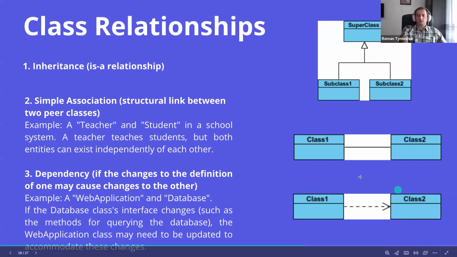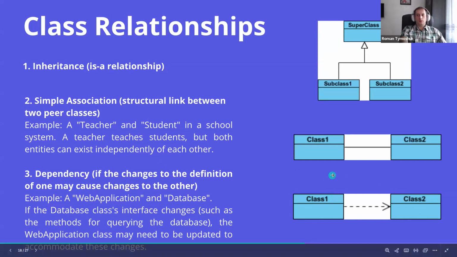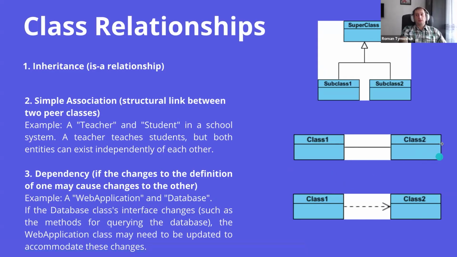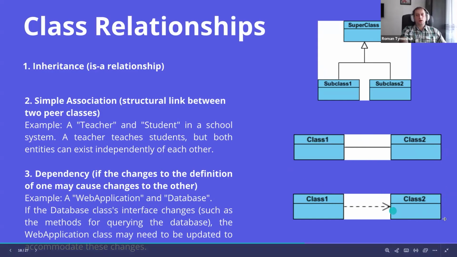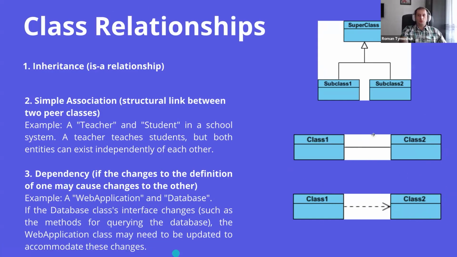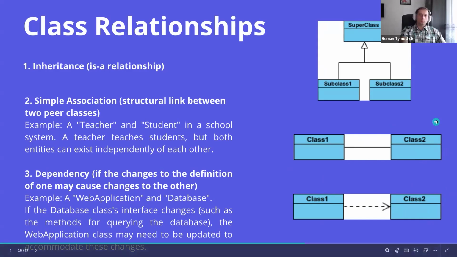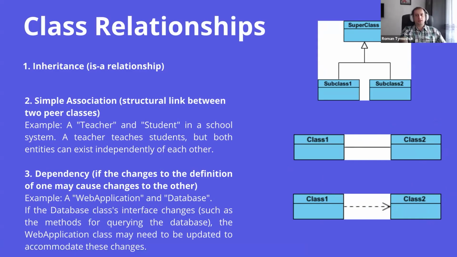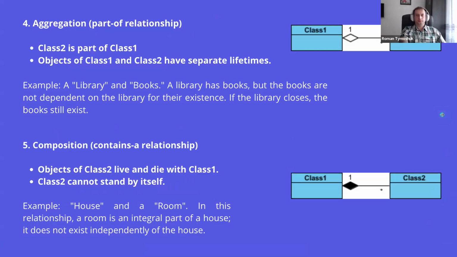So it's called a dependency relationship. Our students and teachers classes are dependent on the entities in a database or some other objects. So that's how we associate them in a diagram. And this one you need to remember before working on your home assignment related to the UML.